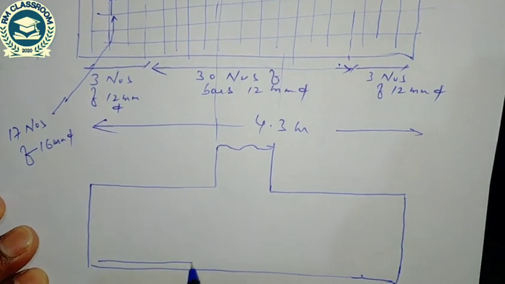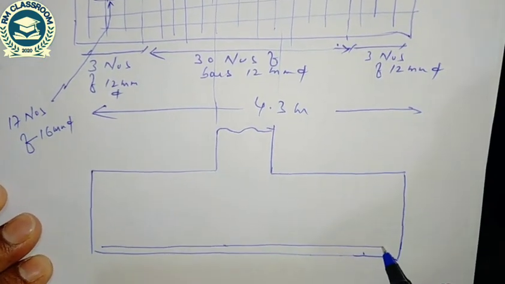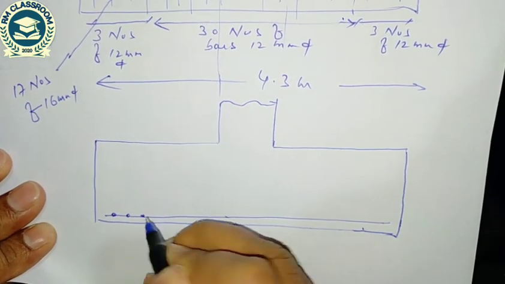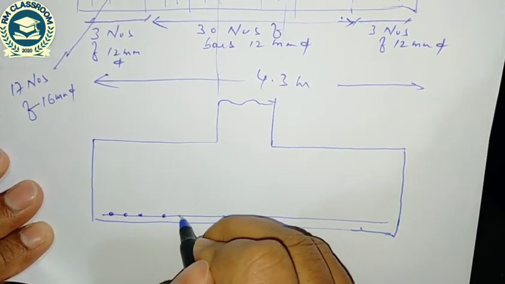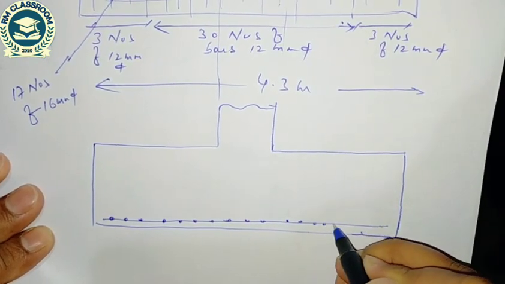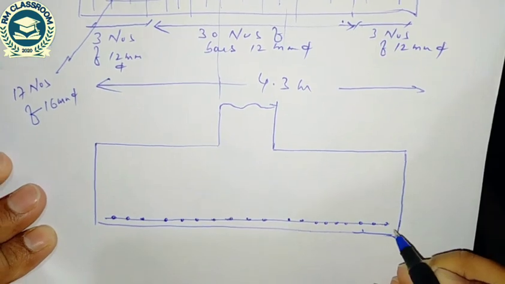This is the main 3 bars, and after that 30 bars in the central band, and once again 3 bars.